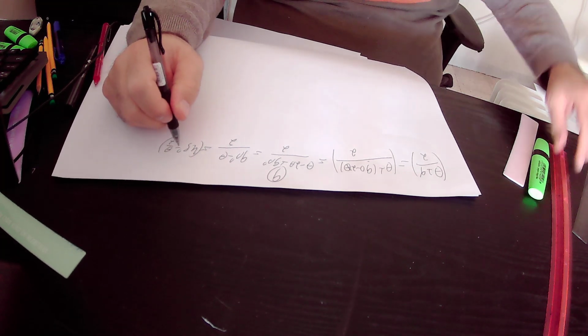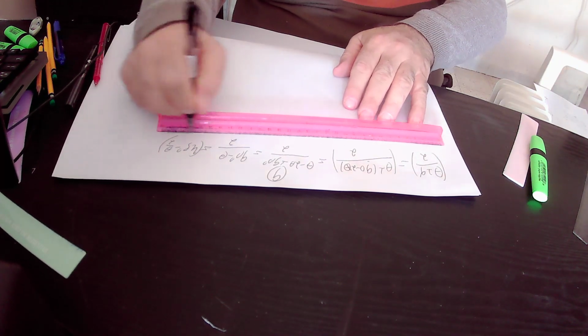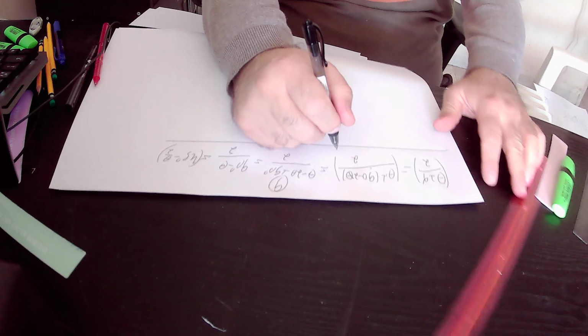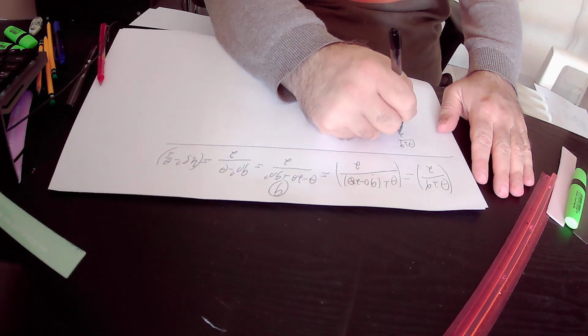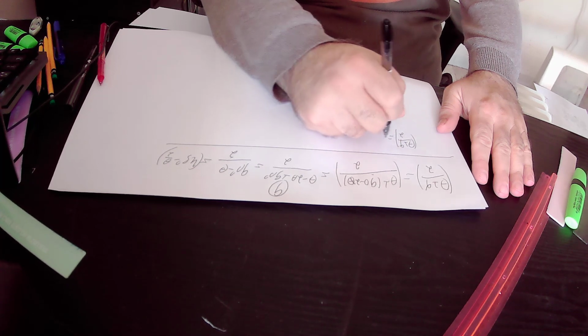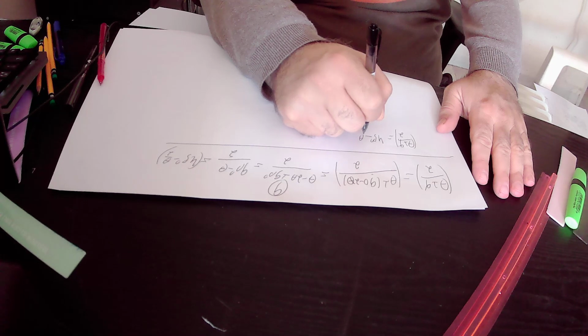So in conclusion, we actually found out that (theta plus alpha) over 2 is actually equal to 45 degrees minus theta over 2.